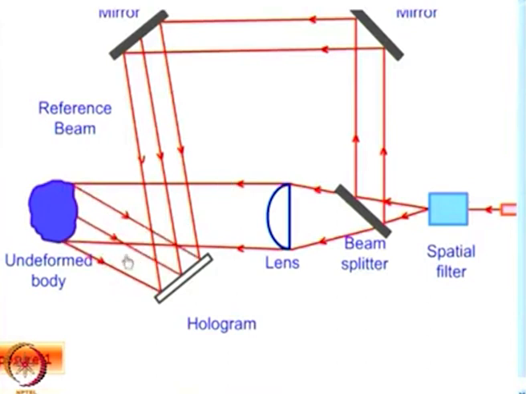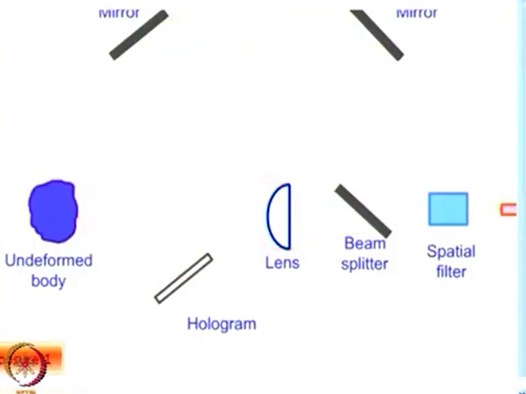So, in between the exposures I have to deform the body. There are certain aspects that you will have to note down, how you deform and what you need to practice, all that we will see. Right now you look at the optical diagram and find out how the whole aspect is done.